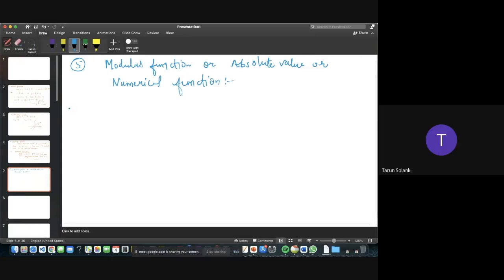Okay, so here we can say a function R to R defined by f(x) is equal to mod of x, or we can say f(x) is equal to x, when x is greater than or equal to 0, and minus of x, when x is less than 0, right? So it is called the absolute value or the modulus function.